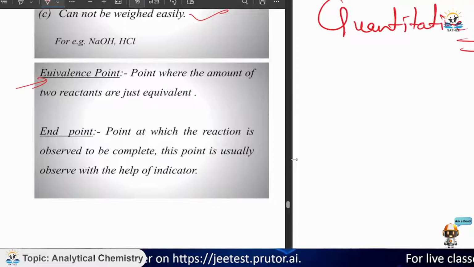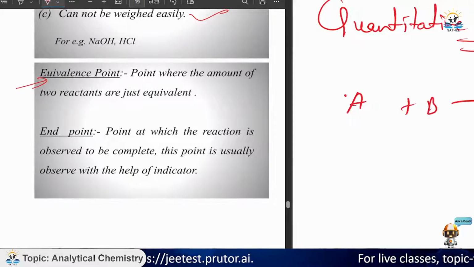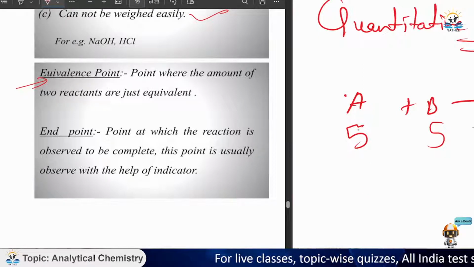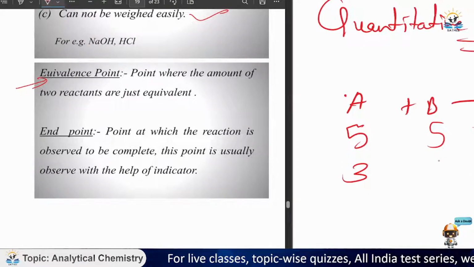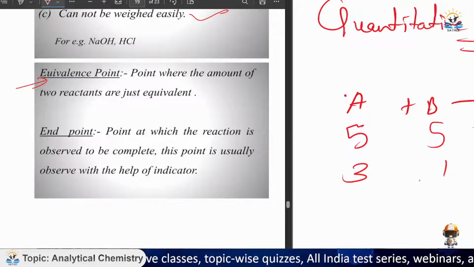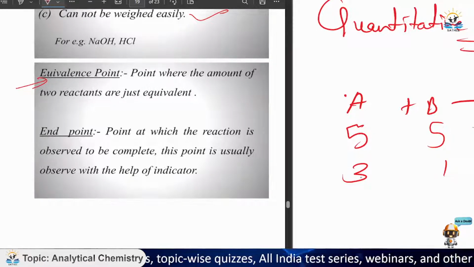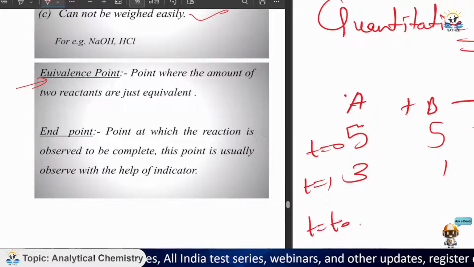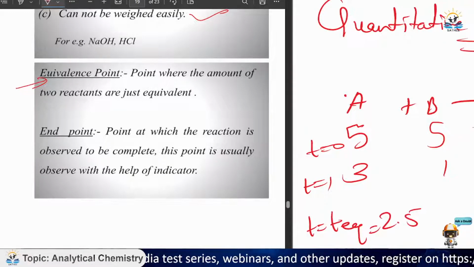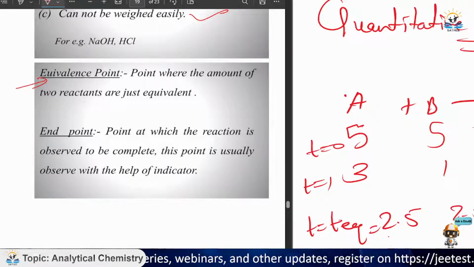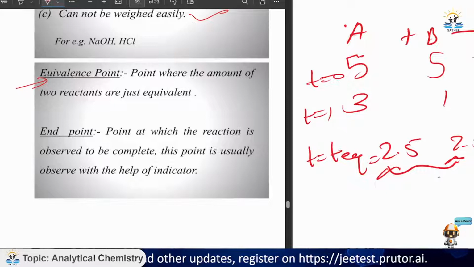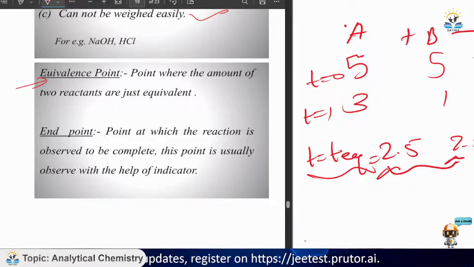What I mean to say is, if we have reactant A plus B giving C, say A has an initial concentration of 5, and then it reacts, so at t equals 0 it is 5, at t equals 1 it is less, but at t equivalence it will have 2.5, B will have 2.5, and it will also form 2.5. So here the concentrations of the two reactants are the same, and that point is called the equivalence point. We can refer to the equivalence point as t equilibrium also.